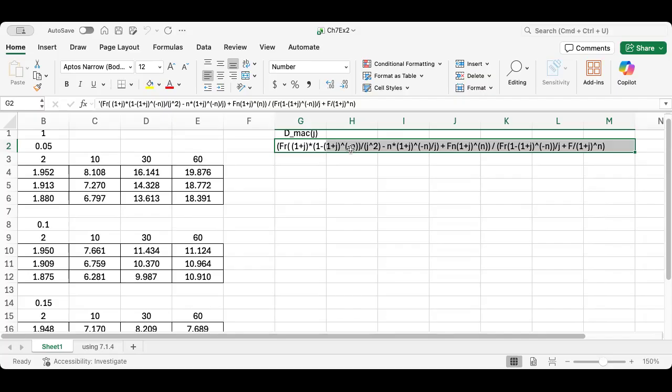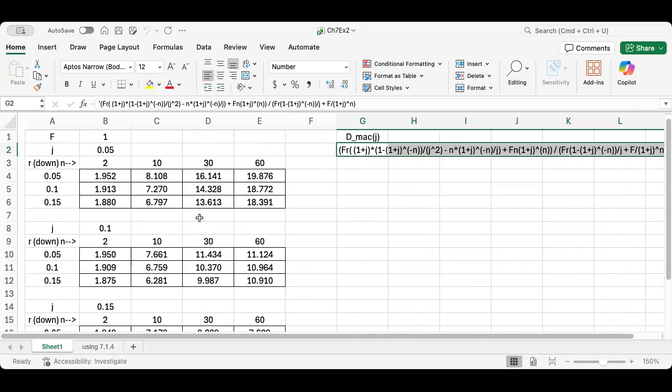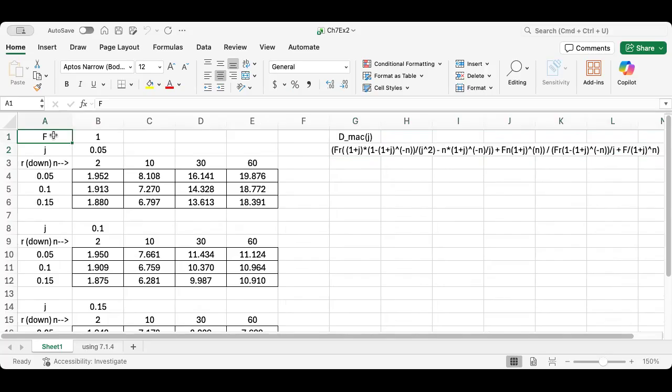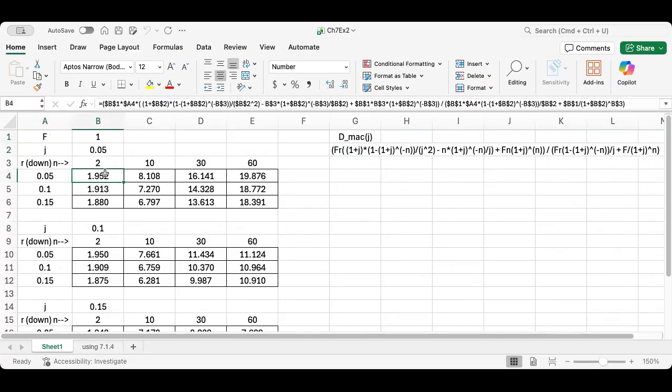But now I can put in all those different combinations based on a face value, in this case, of 1 rather than 100. Because it really doesn't matter what the face value is. The duration is in years. So you'll notice the example we did had a face value of 100. This has a face value of 1, and we still got 1.952.